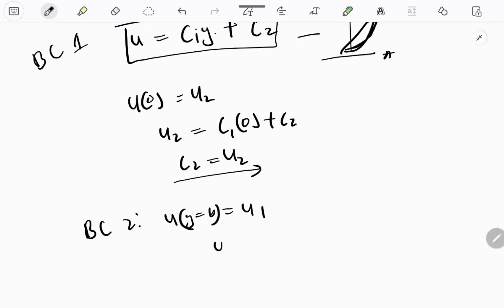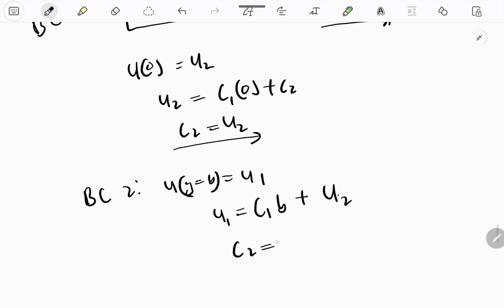It's going to be u1 is equal to c1, and then y here is equal to b, plus, what's the other one, c2. We already know c2, by the way, so I think it's best that I write it as u2. Then c1 is equal to u1 minus u2 all over b.